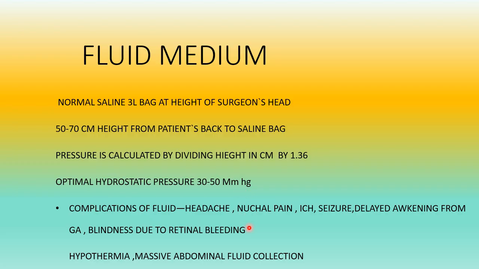The complications of fluid, you all know, may cause headache, nuchal pain, intracranial hemorrhage, seizure, delayed awakening. Blindness may be possible, but hypothermia is common in initial cases, and sometimes massive abdominal fluid collection if you injure the fascia.